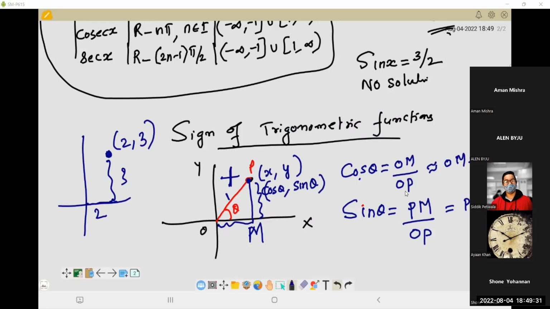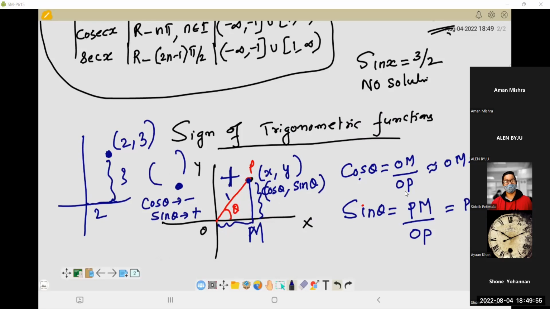But in the second quadrant, the x value is negative and the y value is positive. Clear? Therefore, cos theta is negative and sin theta is positive in the second quadrant.